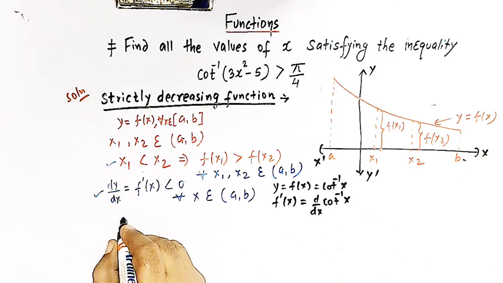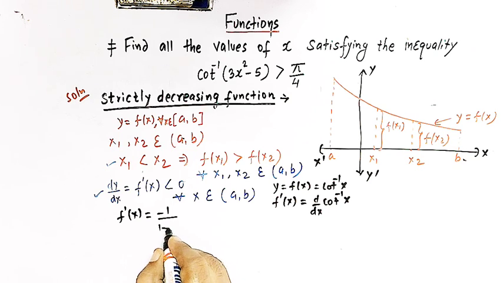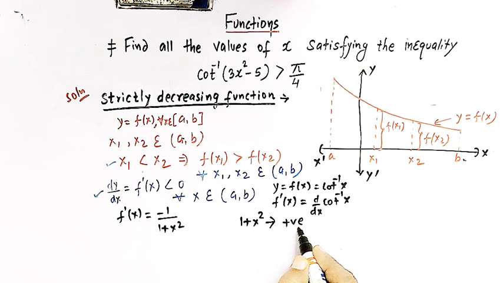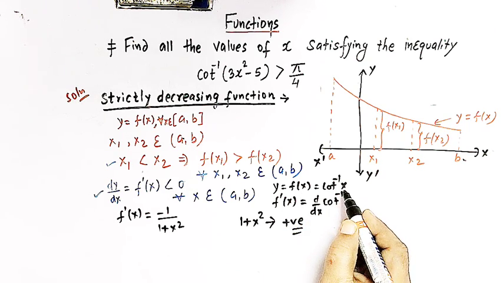We know that the derivative of cot inverse x is equal to minus 1 over 1 plus x square. And here we can see that 1 plus x square is always going to be positive for all values of x belonging to the domain of the function f of x is equal to cot inverse x.